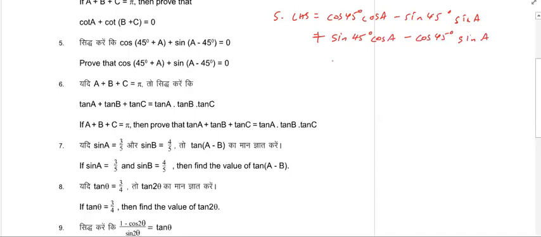Also note that cos 45 degrees is equal to sine 45 degrees, which is equal to 1 over root 2.